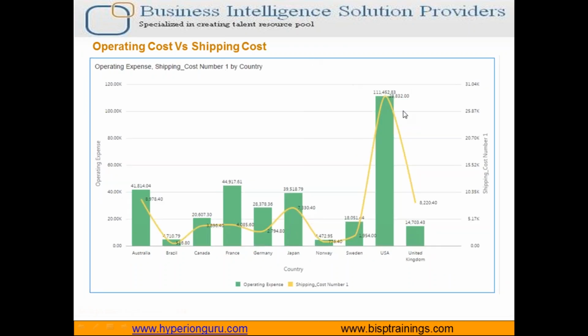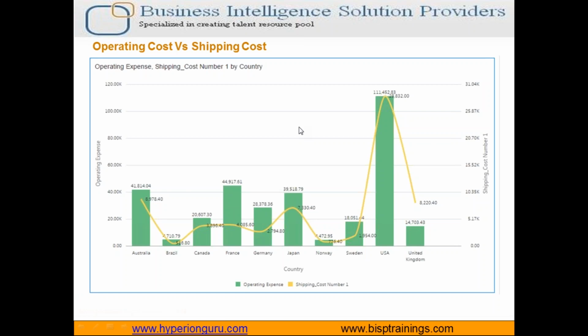The second part of our presentation, I'm going to use a dual axis chart. So we have operating expense on one axis and shipping cost on another axis, and I'm trying to visualize this. A dual axis chart makes sense when you use two measures where there is no direct relationship. Probably use employee salary and employee age. If you plot employee salary and employee age on the same scale, the data visualization may not be meaningful.